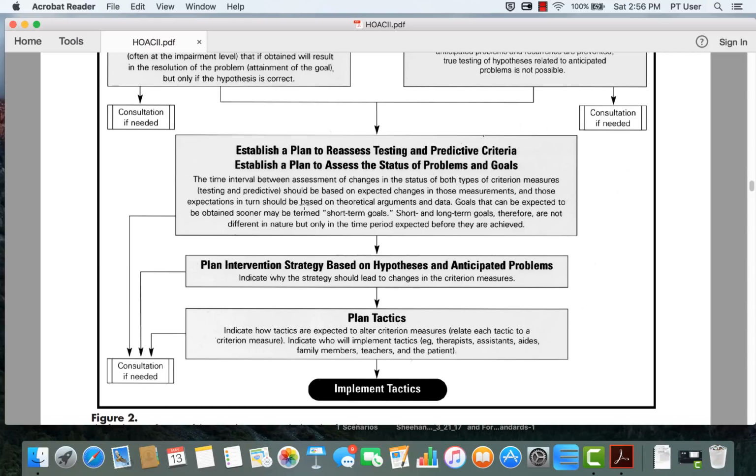Now, real quickly, and there's a good description in your text, so please take a look. I want to define strategies versus tactics. These are the interventions. A strategy might be exercise.